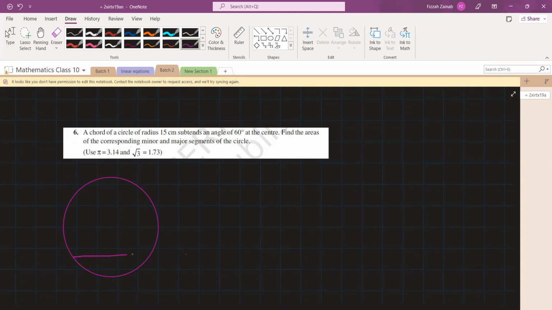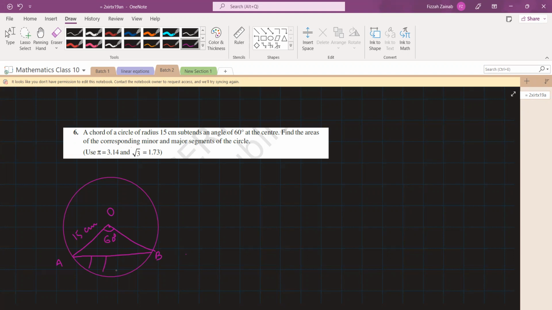Let me draw a chord here, AB. This is the center of the circle O. Radius is 15 centimeter. Subtends an angle of 60 degree. Okay, this theta is 60 degree. Find the area of the corresponding minor and major segment.